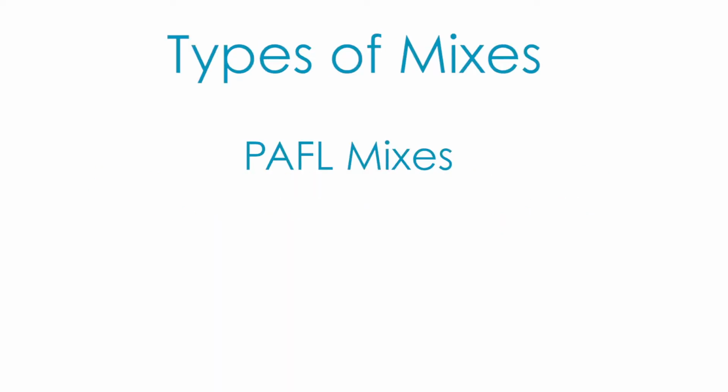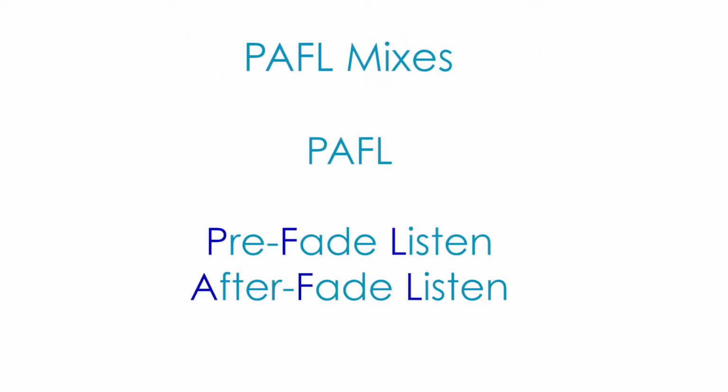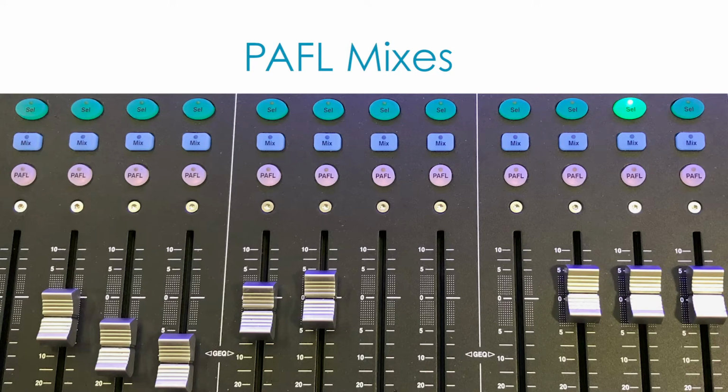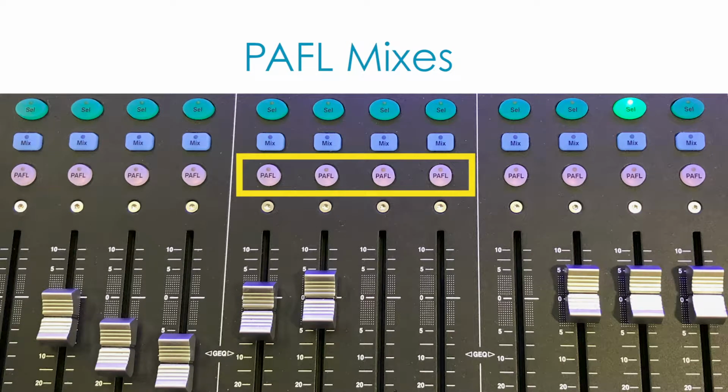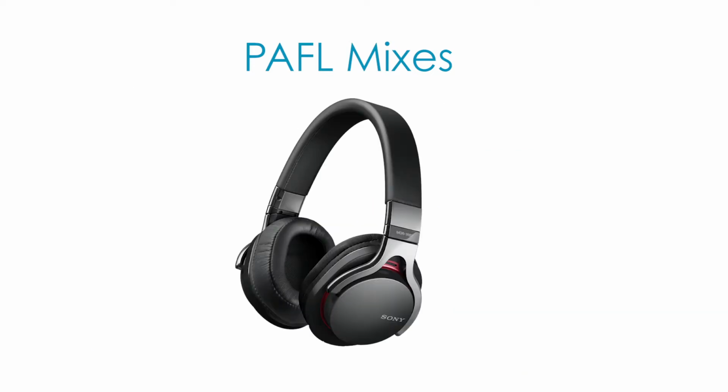Next, we have PAFL mixes. PAFL stands for pre-fade listen and after-fade listen. The PAFL button is located above each channel fader on the C3500 control surface. This feature works the same way as a solo or a cue button on other name brand mixers by allowing you to listen or isolate individual channels from the main mix.